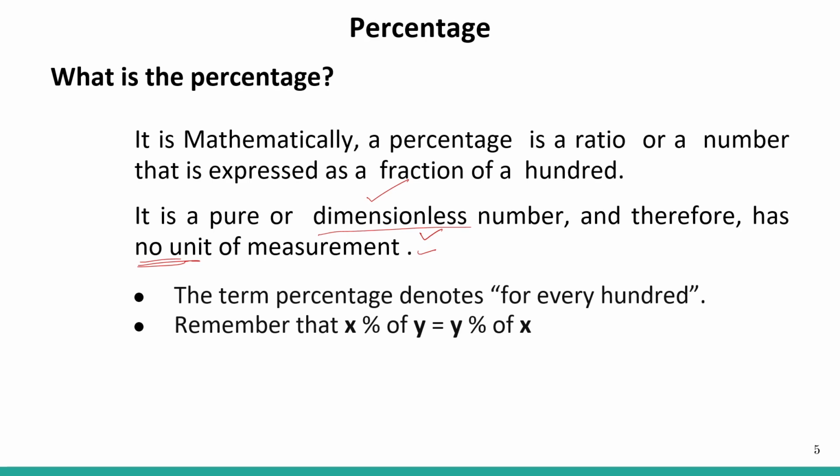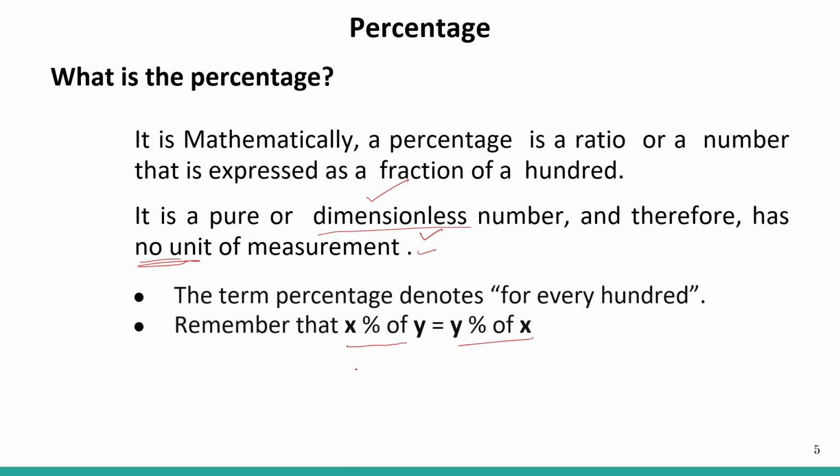So remember that x percent of y is equal to y percent of x. What does this mean? This is written in short here, but let's take an example and observe it.